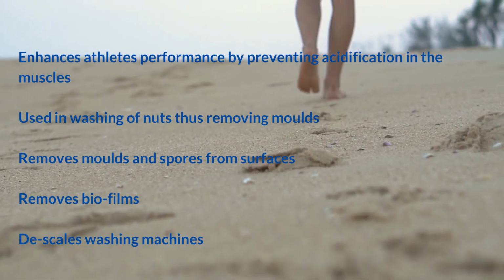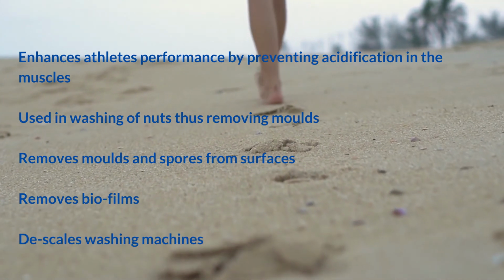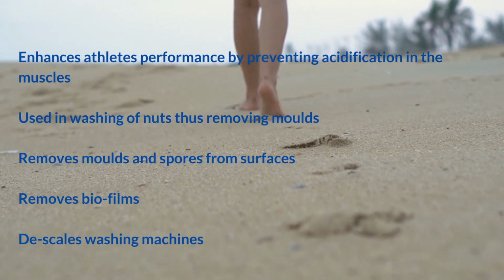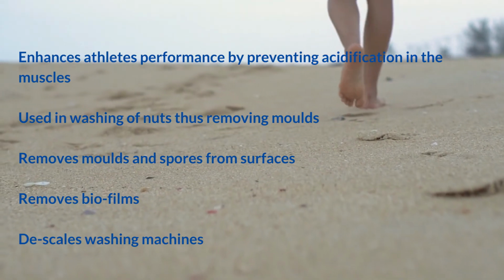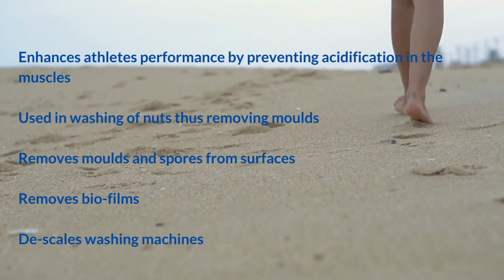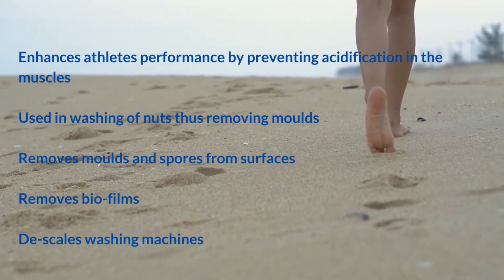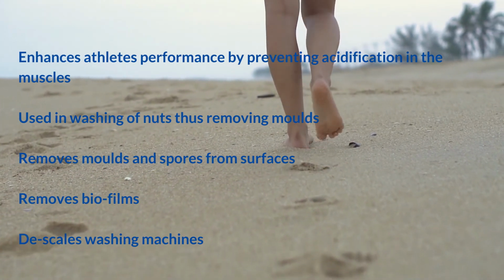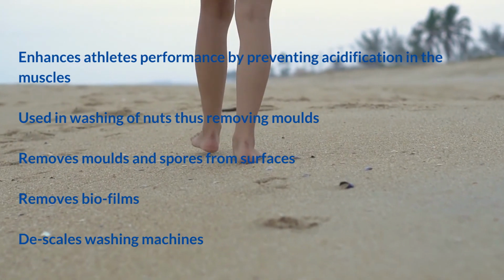Athletes currently are using Analyte to prevent acidification of the muscles when they exert themselves. So in the field of sport, it is widely used. It's also used to wash off your nuts, which we all know contain mold, but it also removes molds and spores in bathrooms, on bathroom curtains, in very damp areas.